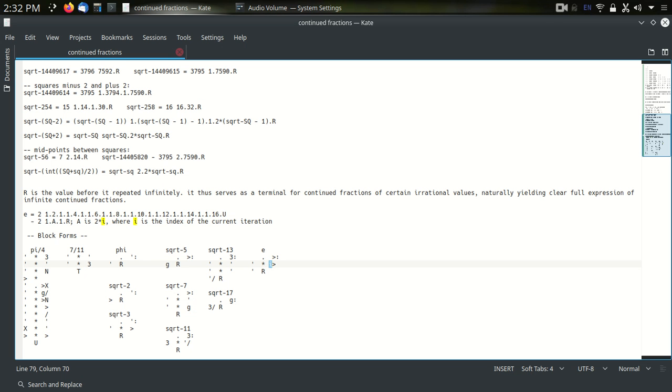You have some conventionalized symbols, right? Like an I is just for the index of the iteration that you're on in a repetition sequence or something like that. There's not going to be too many of these, so I don't really think it's going to be feasible to notate all of this in one of these as the number expression.